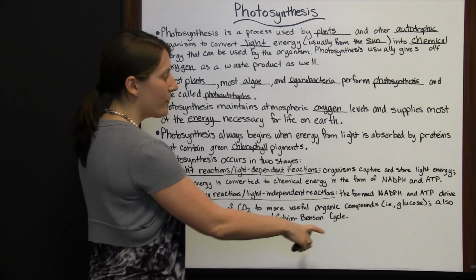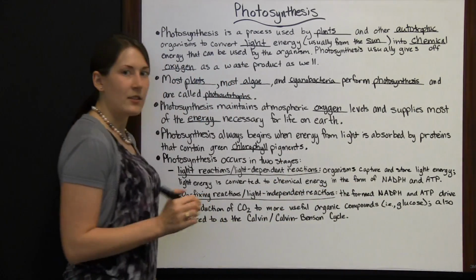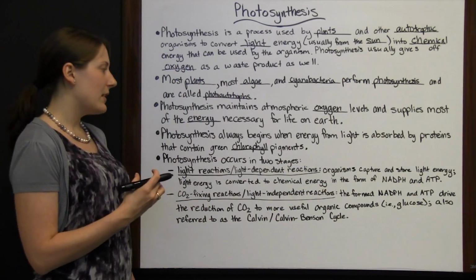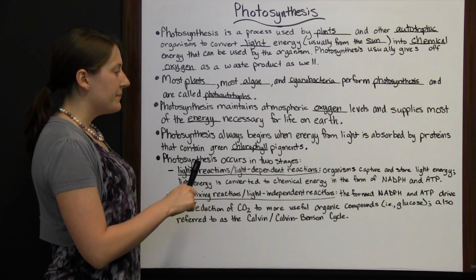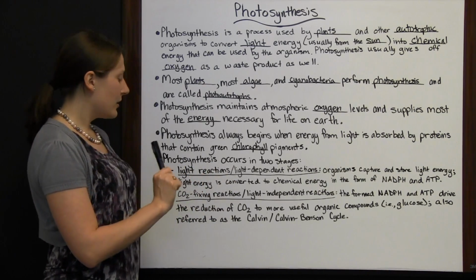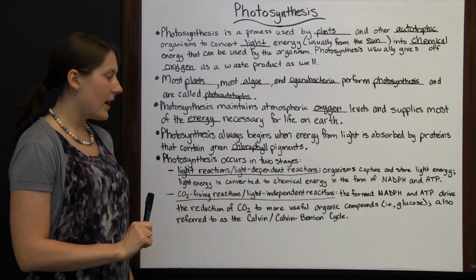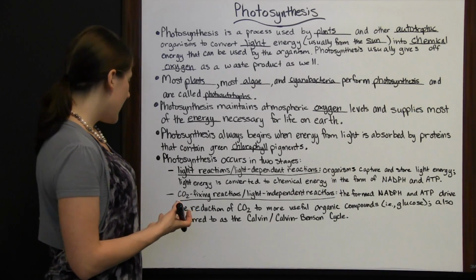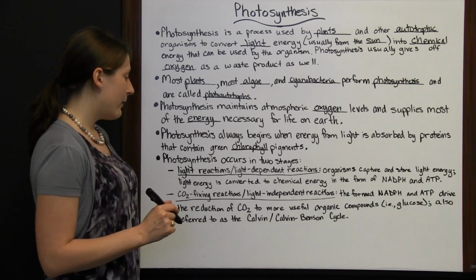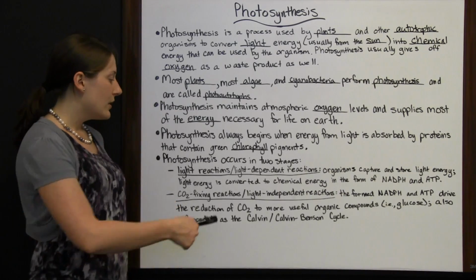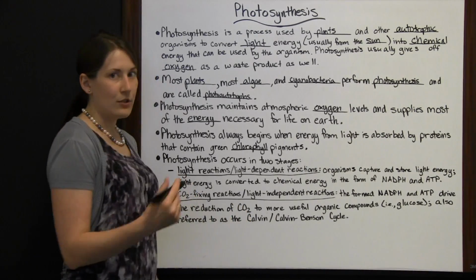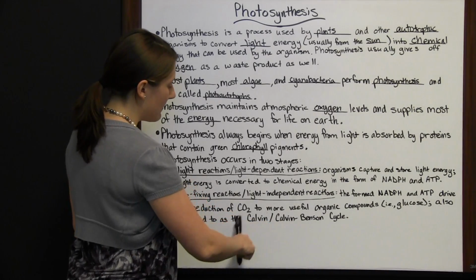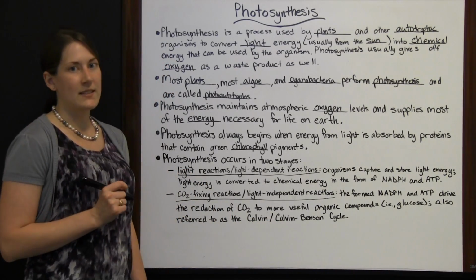And this is when the formed NADPH and ATP, already stored in that autotroph, drive the reduction of carbon dioxide to more useful organic compounds, such as glucose. This is also referred to as the Calvin or Calvin-Benson cycle.